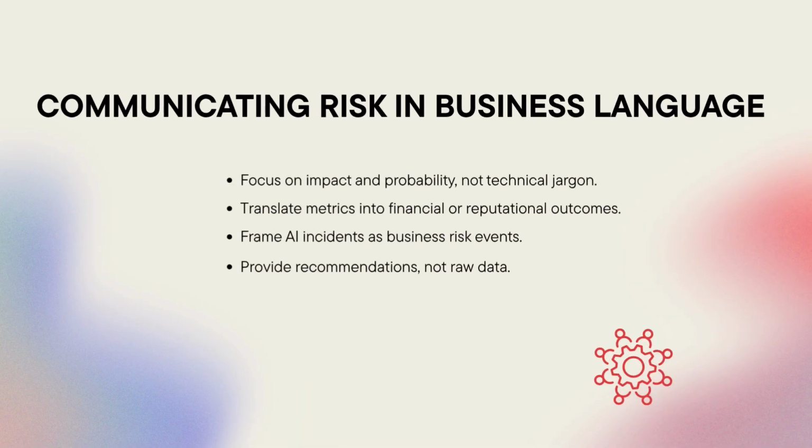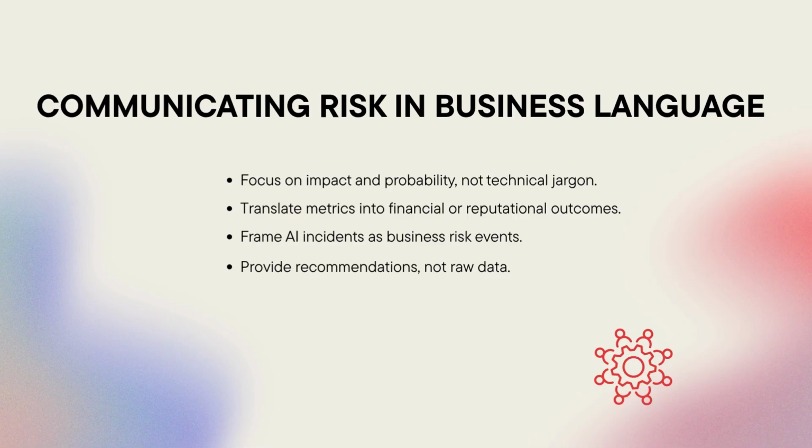Communicating risk in business language. Effective AI risk reporting speaks the language of the boardroom, not the server room. Executives care about impact and probability, not precision-recall curves. Translate your metrics into outcomes. Model drift increased compliance exposure by 20%, or unmitigated bias could trigger regulatory fines.